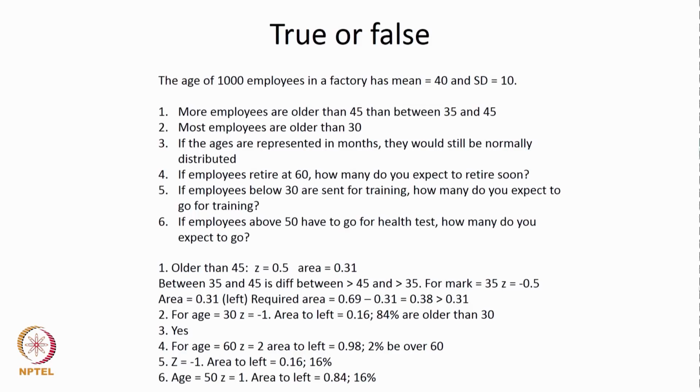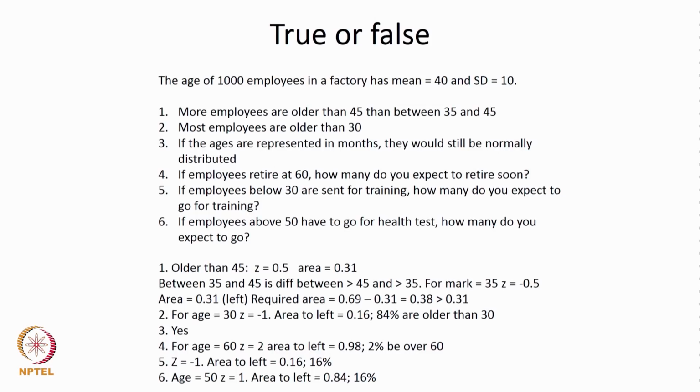More employees are older than 45 than between 35 and 45. So mean is 40, standard deviation is 10. If we take 45, then z is equal to 45 minus 40 by 10, so z is equal to 0.5. The area to the left of 0.5 we just saw is 0.69, and the area to the right is therefore 0.31.